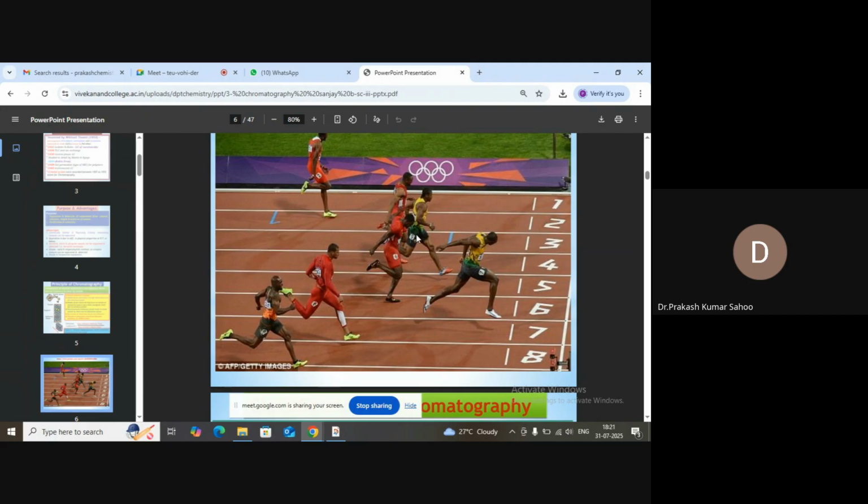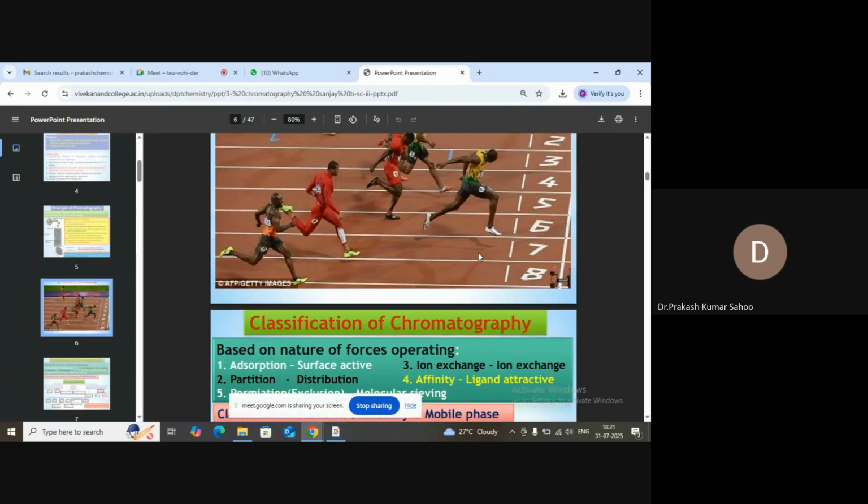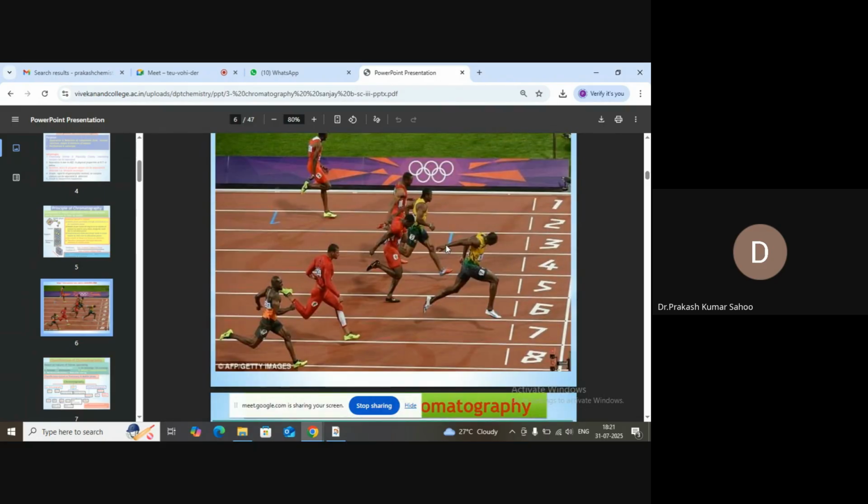It is like an Olympic race in which Usain Bolt stands first because he passes all his competitors and leaves them behind.